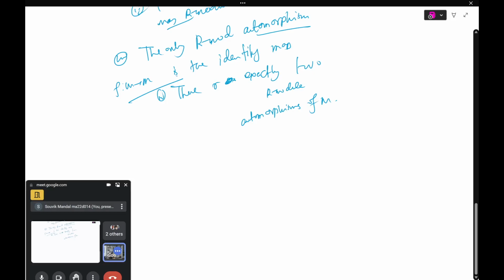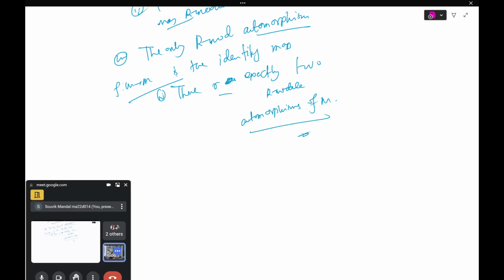Fourth option: there are exactly 2 R-module automorphisms. Now try to understand what's happening. Check which of the following are true or false, and also try to give me an answer. Please take your time. I shall be back in some minutes.